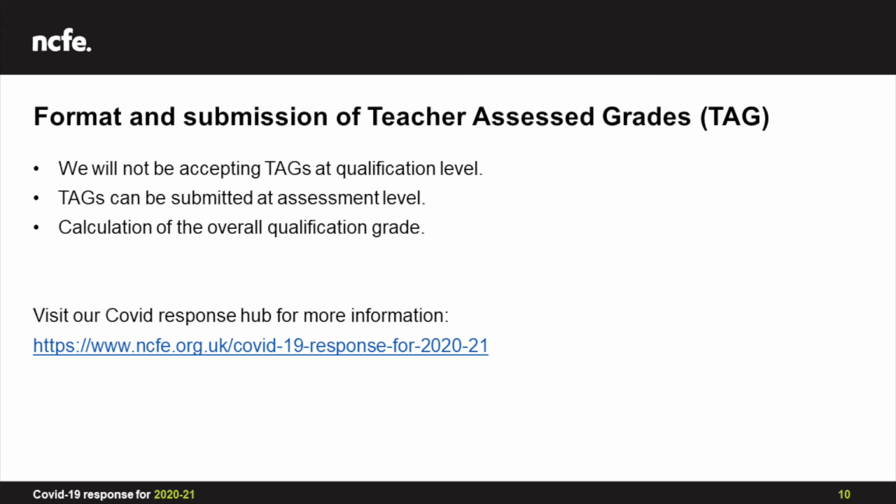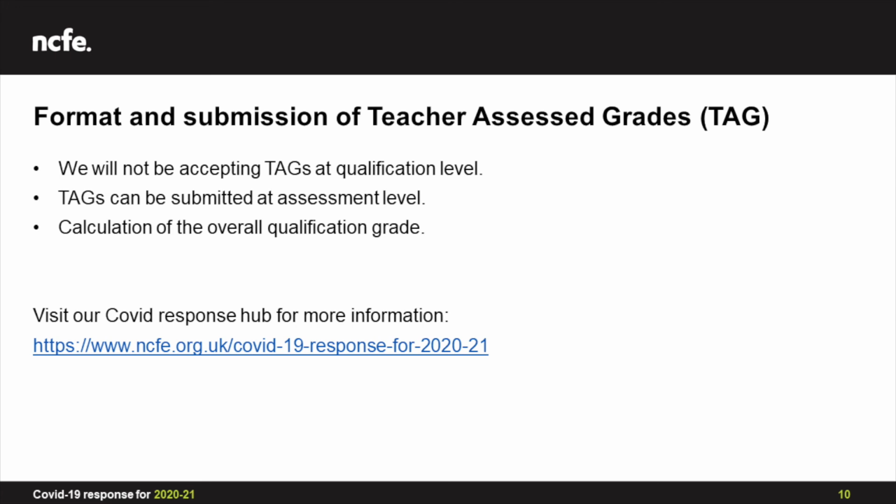It is important to note in all cases, teacher assessed grades can only be put forward when there is sufficient evidence upon which to base one. There will be more information and detailed guidance on TAGs on our website in the coming days and weeks.